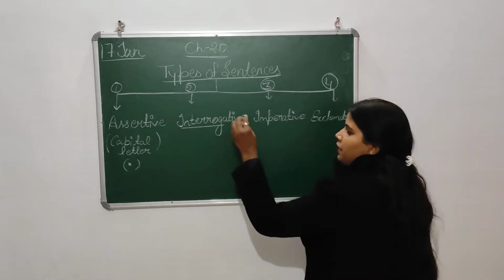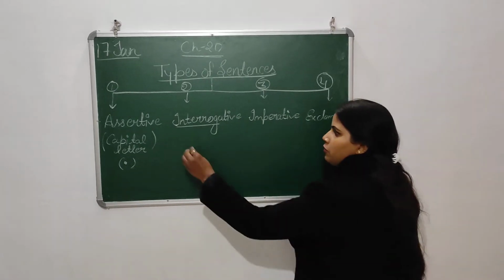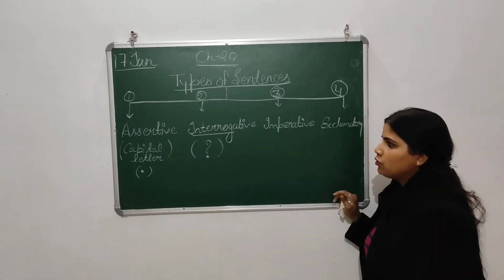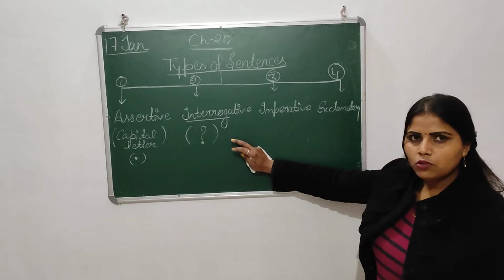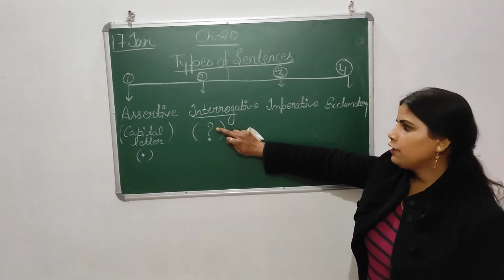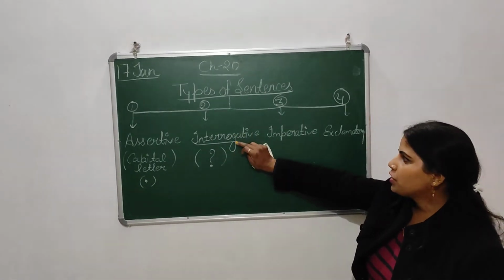In an interrogative sentence, there is a significant sign which is the question mark. So if you are looking for an interrogative sentence in a group of sentences, you just have to look for this sign. If there is this sign in any sentence, this sentence is known as an interrogative sentence.